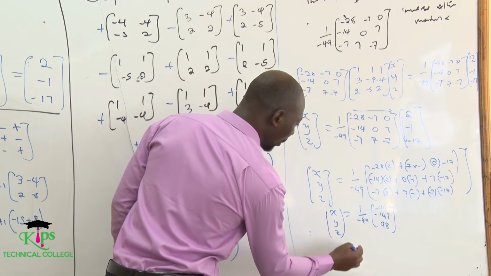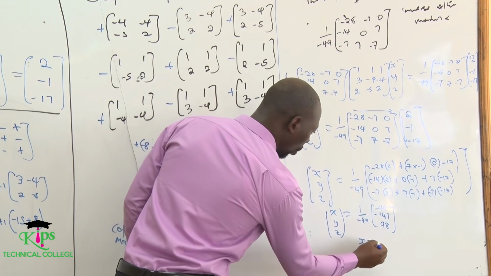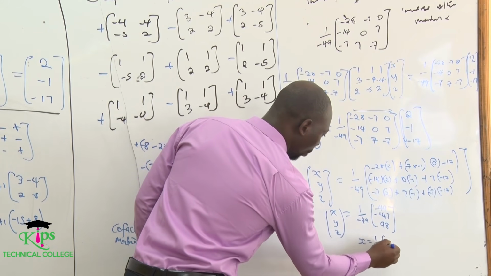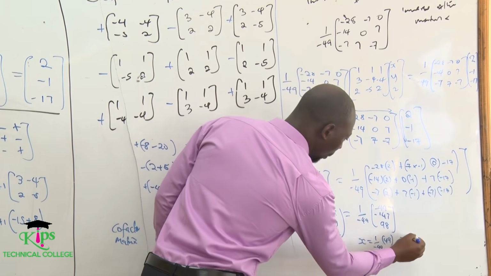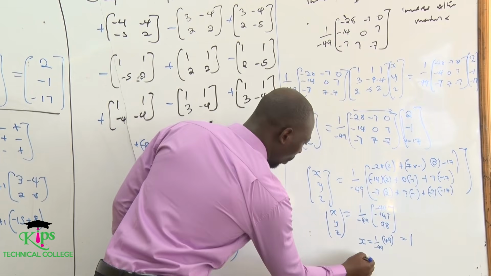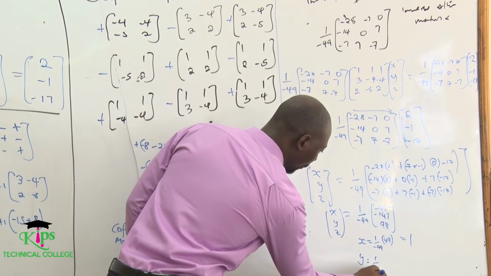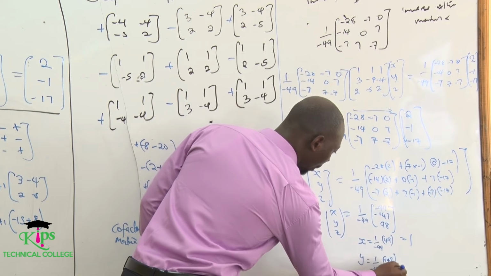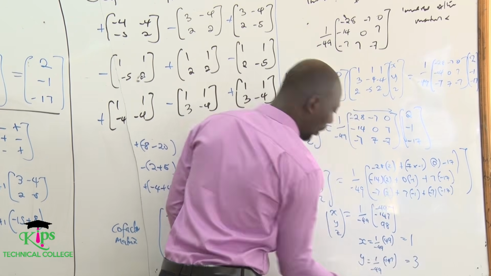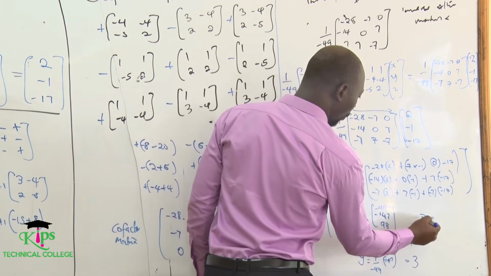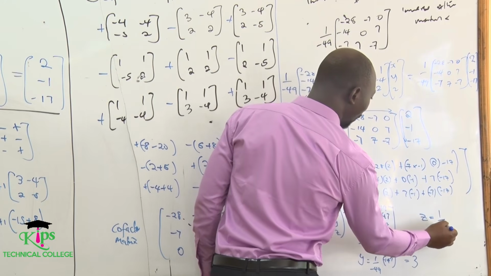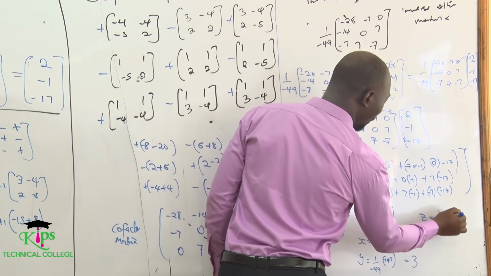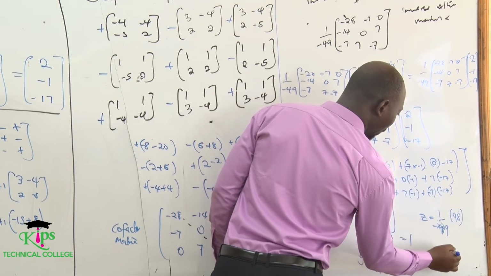So you compare directly, you end up with x equal to 1 over negative 49 into negative 49, giving us 1. y is equal to 1 over negative 49 multiplied by negative 147, giving us 3. And z is equal to 1 over negative 49 multiplied by 98, giving us negative 2.